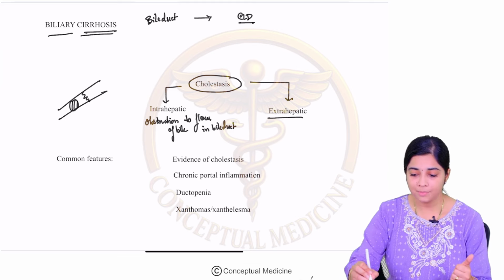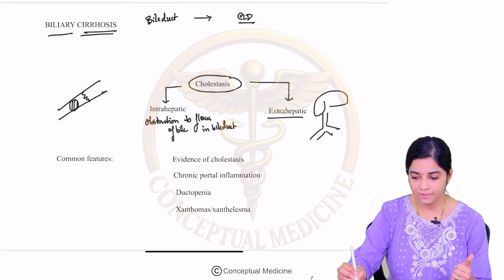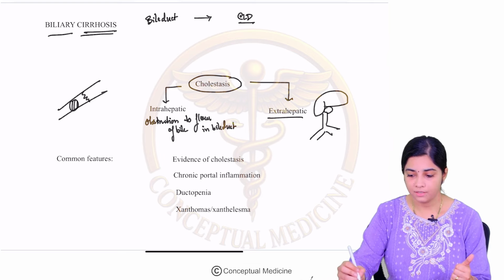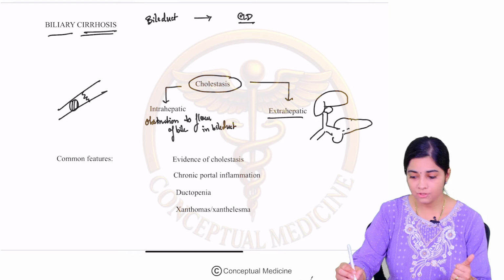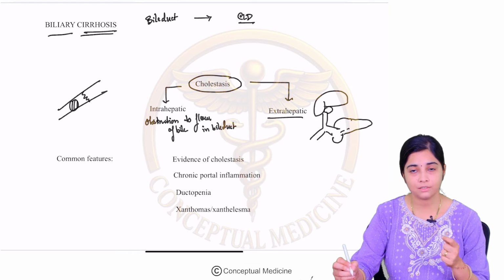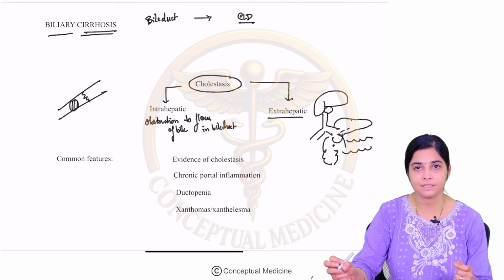What is extrahepatic cholestasis? Now this is the liver and this is the bile duct which arises from the gallbladder. Here is your pancreas. The cystic duct joins with the pancreatic duct and it goes and empties the bile into the intestines.